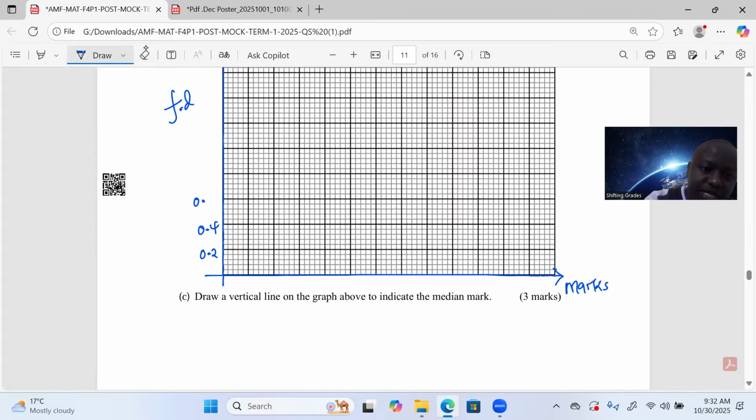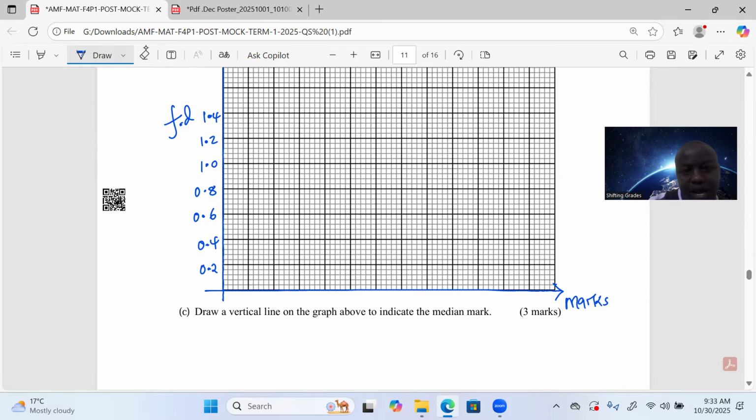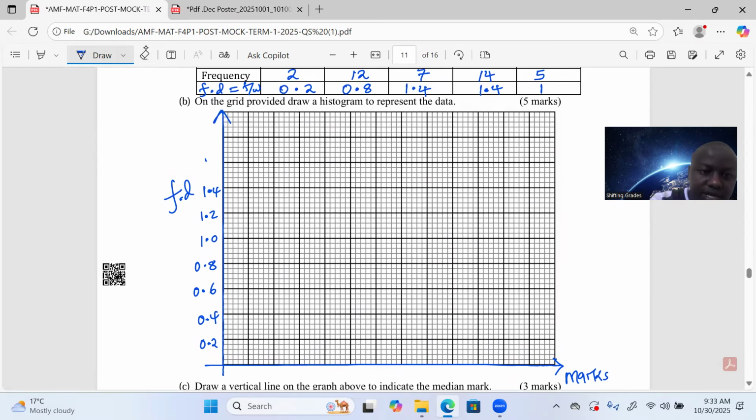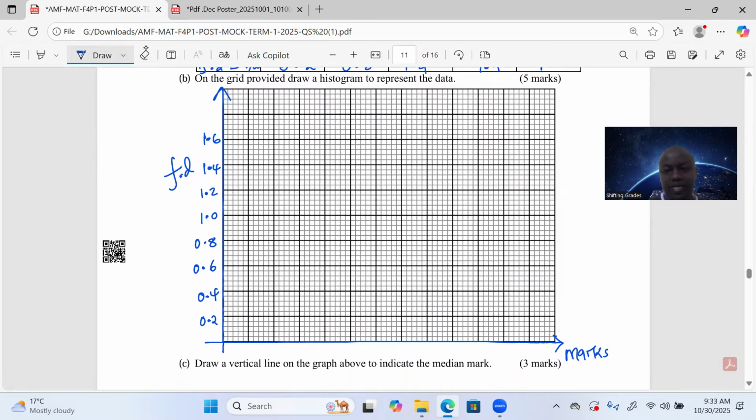You see, we have now accommodated 1.4, which is the highest, and 1.6, like that. So we have the vertical axis properly plotted.